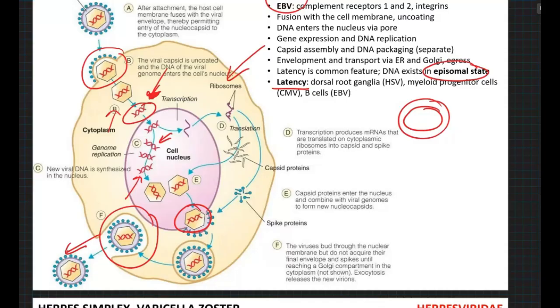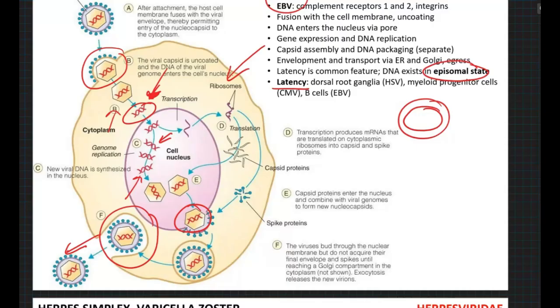And that's it. Nothing else happens. It just waits. A lot of textbooks, especially college textbooks, say that herpes virus DNA gets incorporated in the genome. This is complete and utter bullshit. It's not incorporated in the genome. It exists separately from our chromosomes, but it still sits in the nucleus.